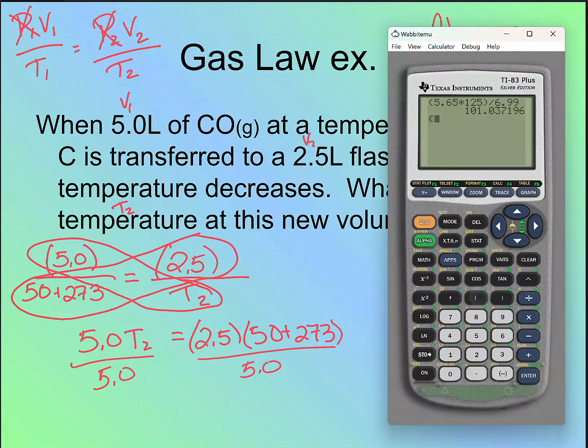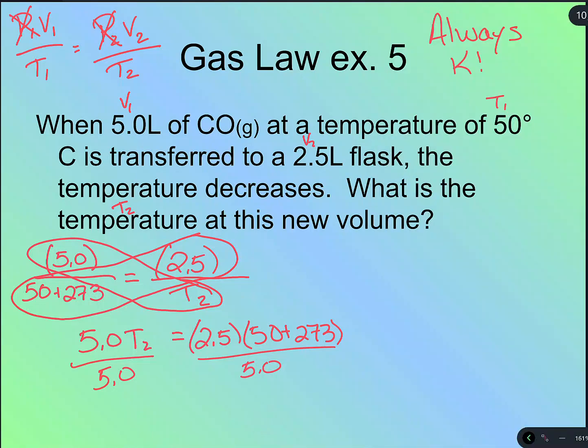So I've got 2.5 times, parentheses, 50 plus 273, divided by 5, and I get 161.5. So my T2 equals 161.5.